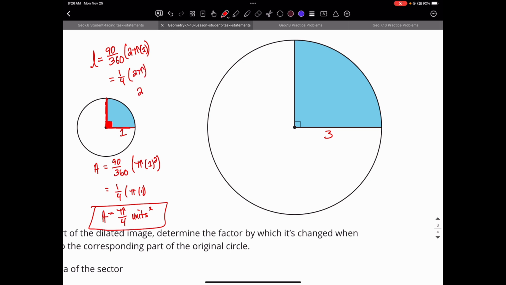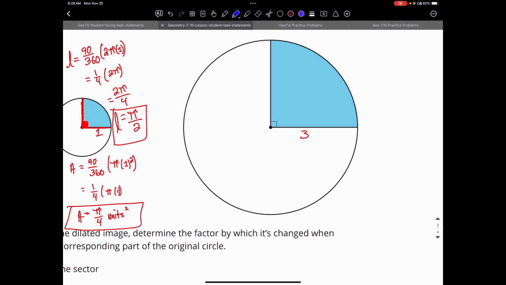So then that would be 2 pi over 4, which simplifies to pi over 2. So our length is equal to pi over 2 in the first one. All right? Now, let's look at the second one.